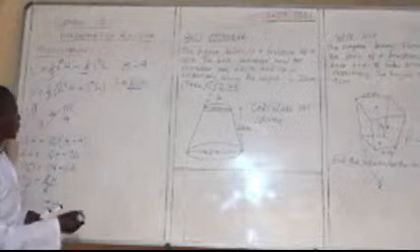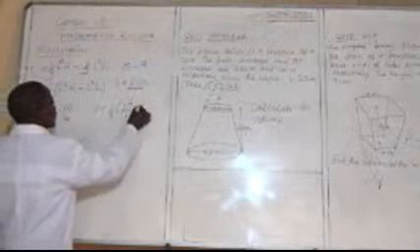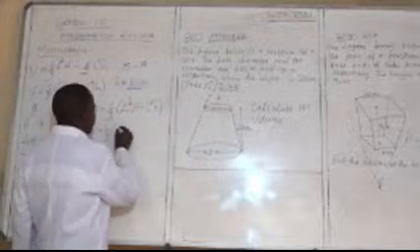So, let's go. Our formula says V is equal to 1/3 L squared H minus L squared H. So substitute it. We have volume is equal to 1/3, L squared, meaning the base of the bigger pyramid, which is 10.